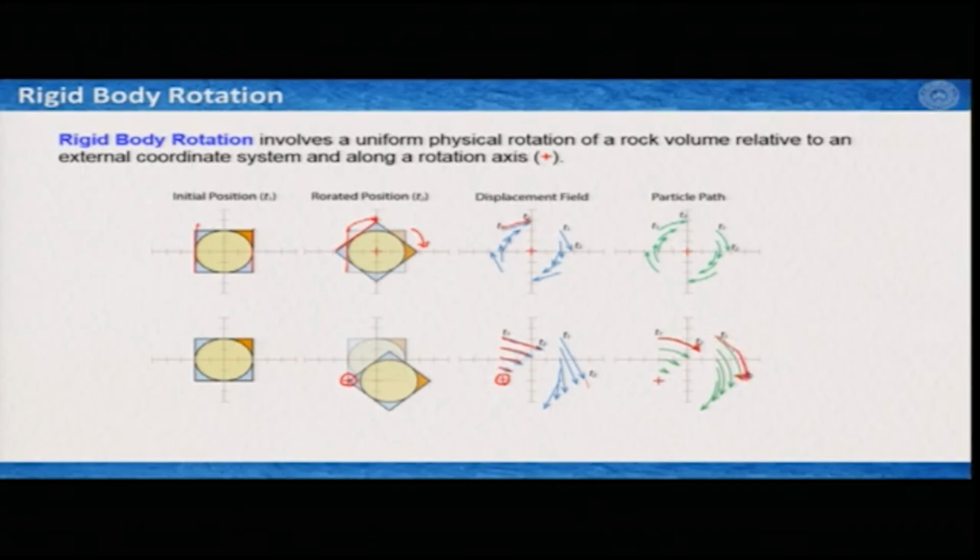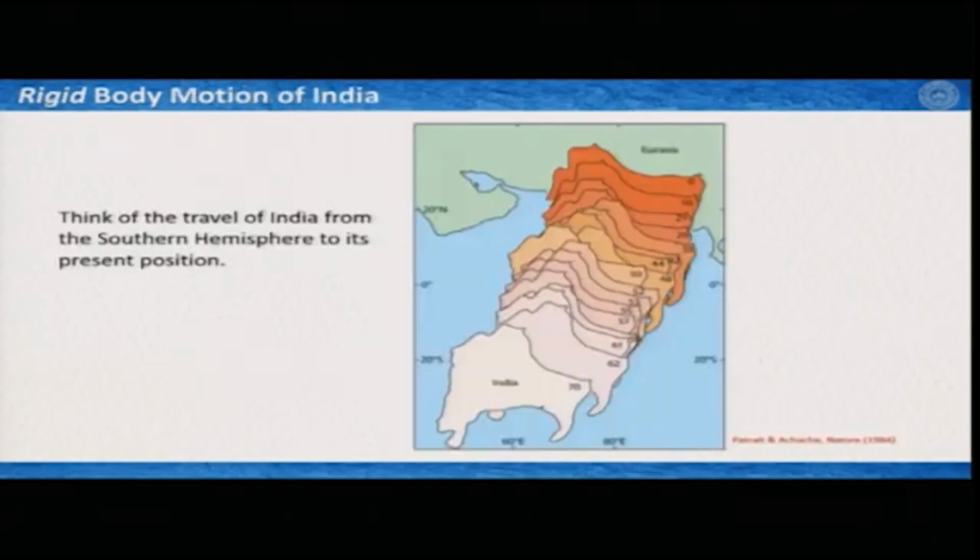Now, what could be the examples of rigid body translation and rigid body rotation? I would request you to think of the great movement, or great travel, of our Indian plate from the southern hemisphere to where it is now.